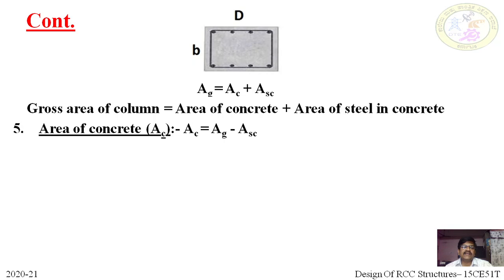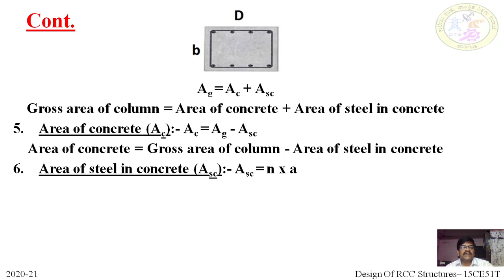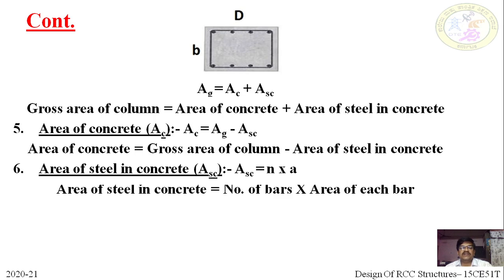Area of concrete, that is AC, equals gross area minus ASC. Area of concrete is equal to gross area of column minus area of steel in column. Area of steel in column, that is ASC, equals n, the number of bars, multiplied by the area of each bar.